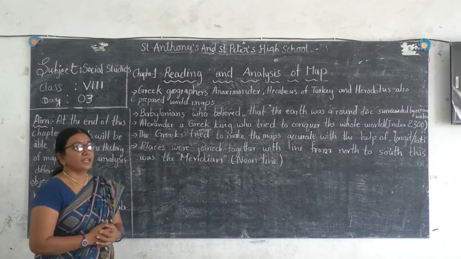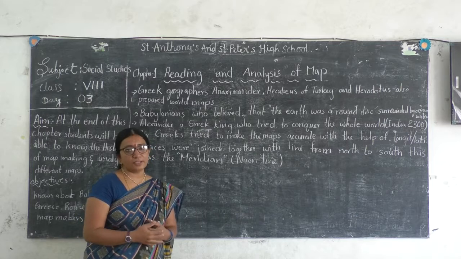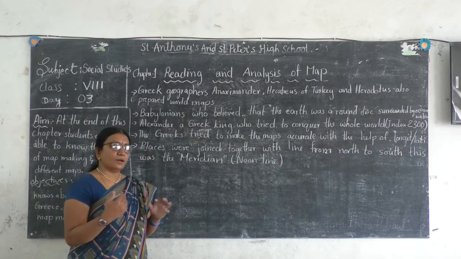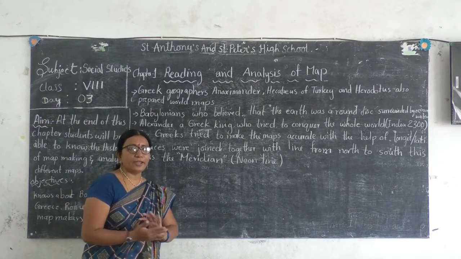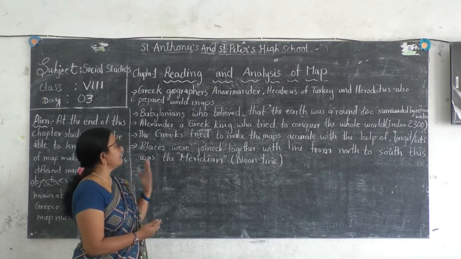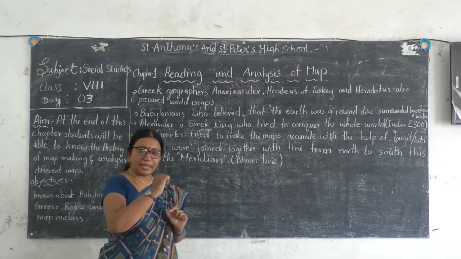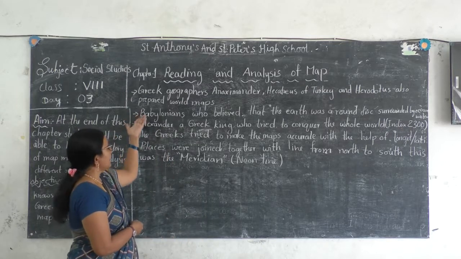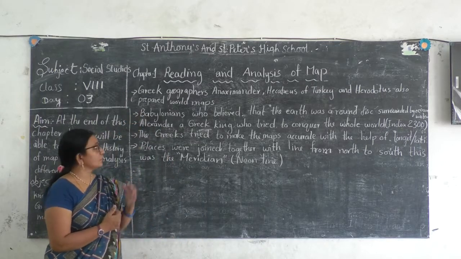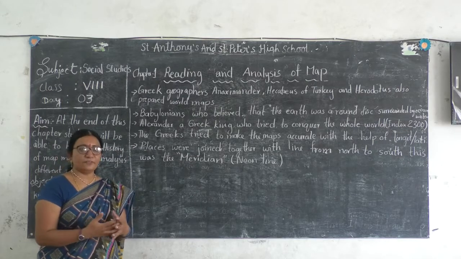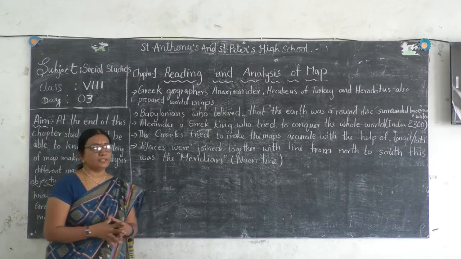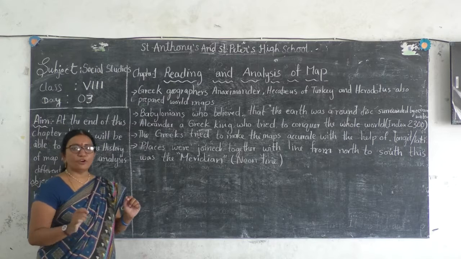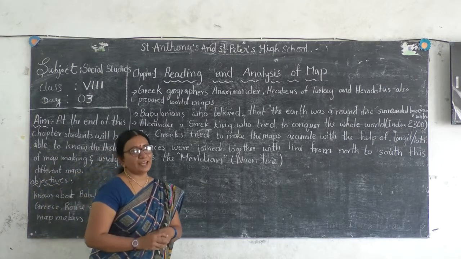These were great traders and sailors who used to make great voyages and observe the entire world, and they made the maps according to their observations. So we can say Greek geographers dedicated a lot of surveys to preparing maps according to their knowledge.